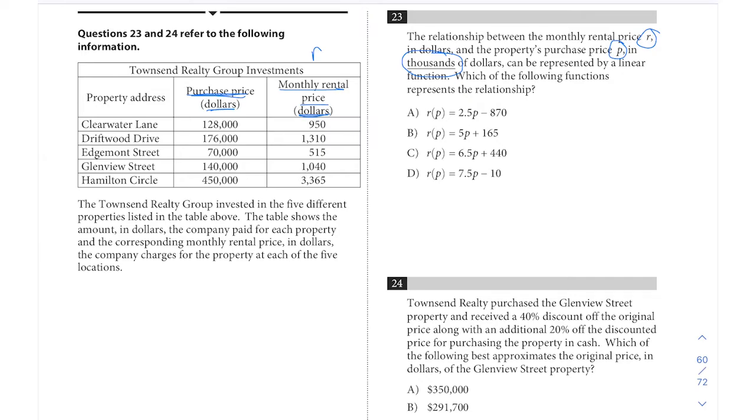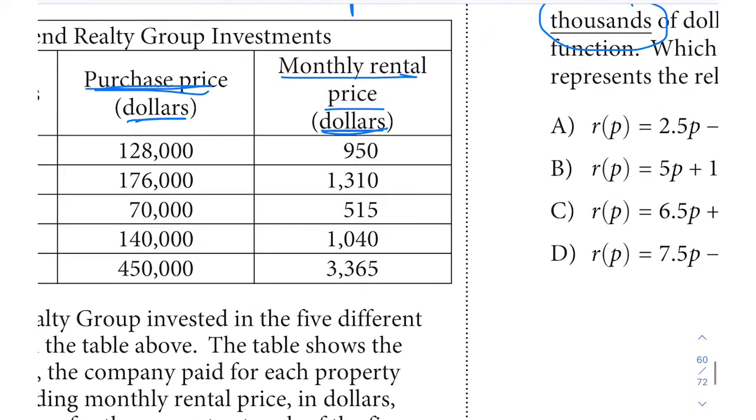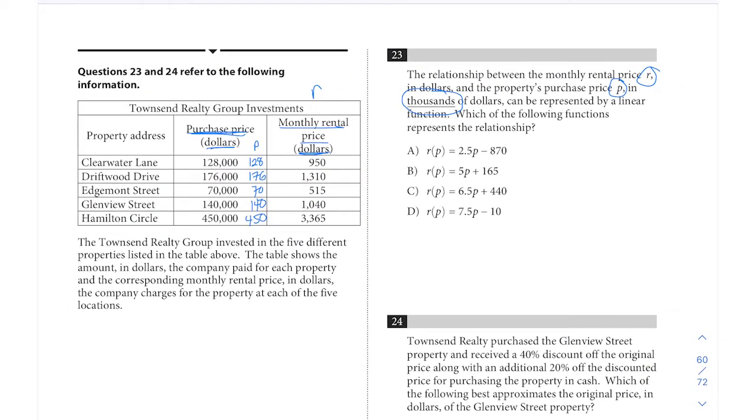So if we're plugging in values for P to see what we get for our function for R of P, the rental price, for example for 128,000, our P values for question number 23 would be just 128 or 176 or 70 or 140 or 450. So the P value here is in thousands of dollars. If the purchase price is 128,000, we would plug in 128 for P.